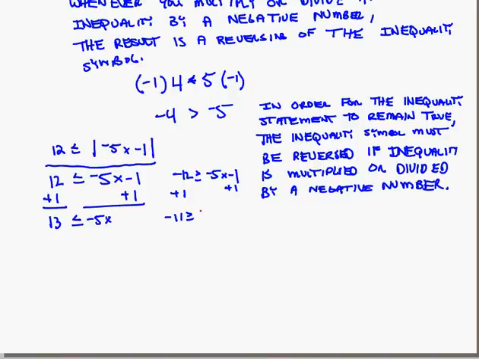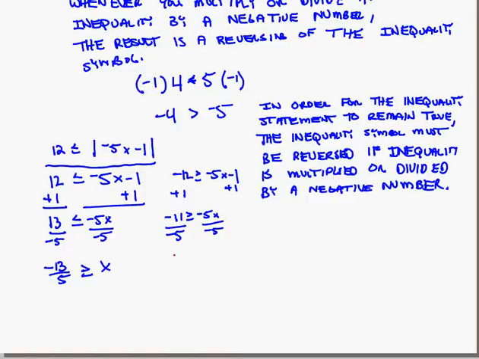And what I do to one side of the inequality, I do to the other. Now, dividing by a negative number causes the inequality sign to be reversed. So now I have negative 13 fifths is greater than or equal to x. Here, a negative divided by a negative is a positive, so I have 11 fifths is less than or equal to x.